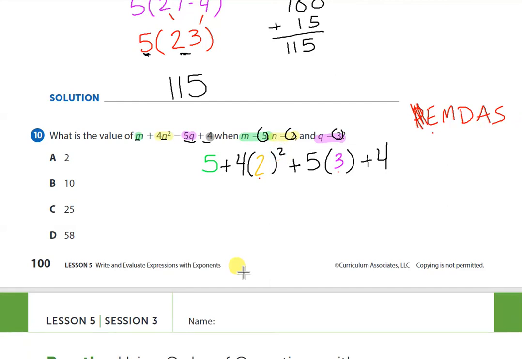So all we've got to do on this first round is 2 squared. 2 squared is 2 times 2, which is 4. Okay, so we did the exponent step.